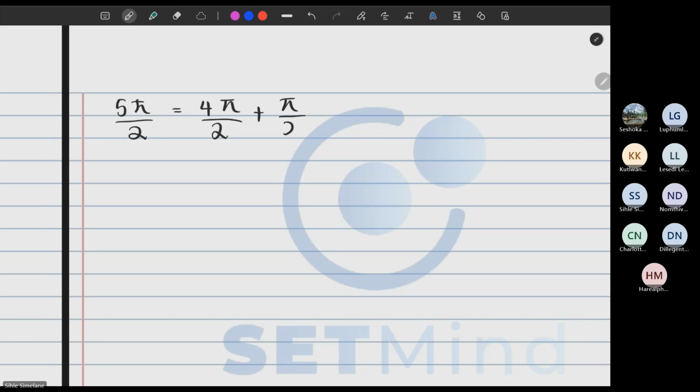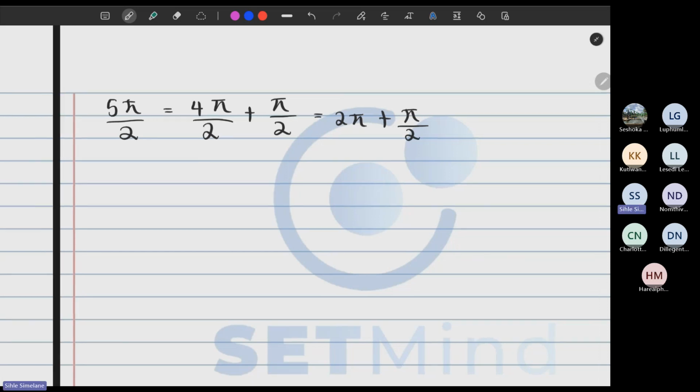Let's see, is this true? Yes, it is. So if you look carefully, what we have is simply 2 pi plus pi over 2. And this looks like something which we can deal with, because 2 pi, we know it's like adding 360.